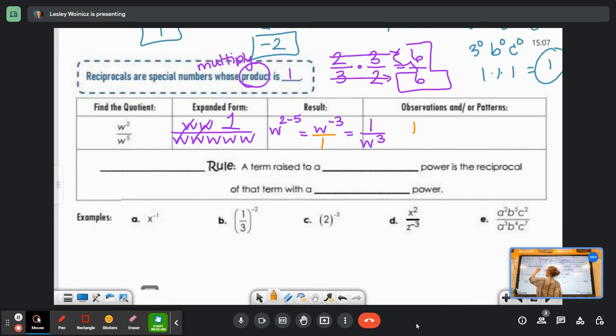So they are reciprocals, but their powers have different signs. How do you feel about the word opposite? Okay, good.